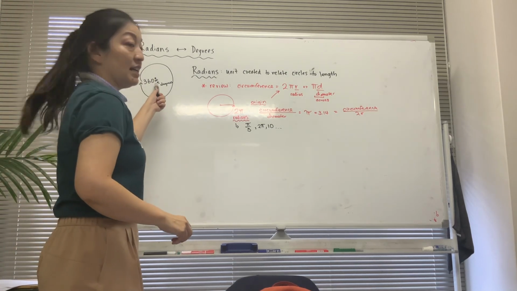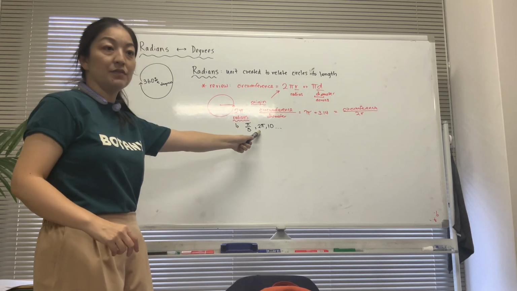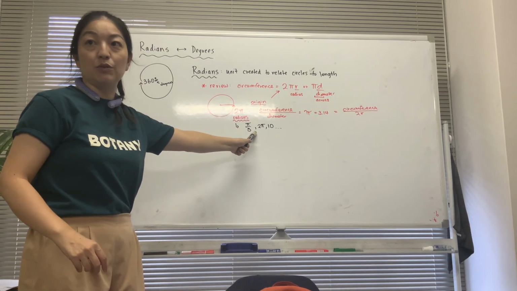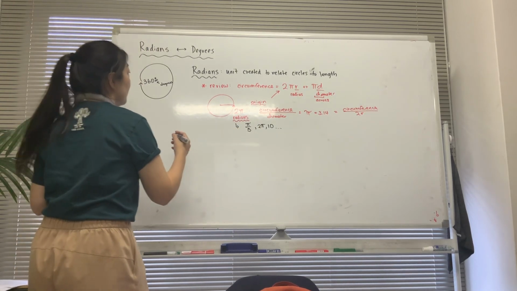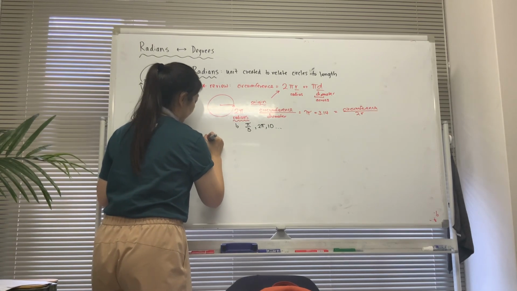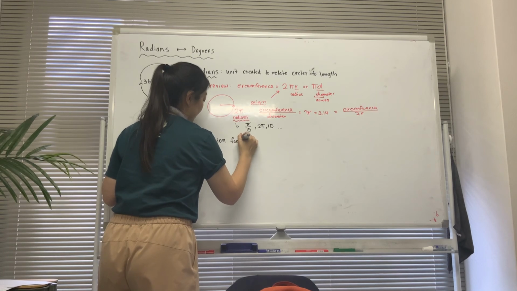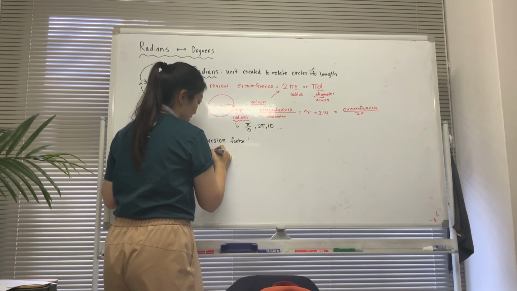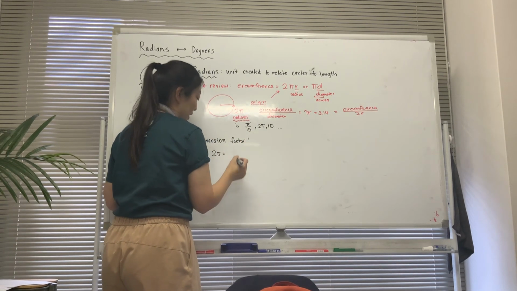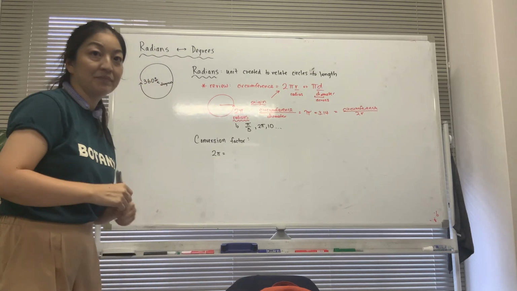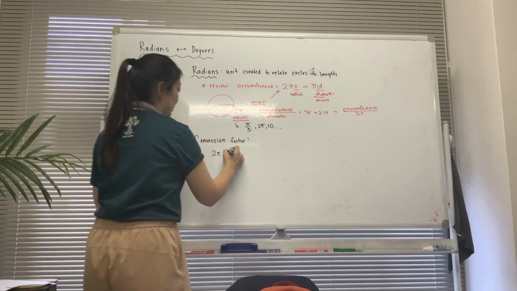If there's a degree sign, it's degrees. If there's an absence of a sign, that means it's radians. So, our conversion factor: 2 pi is equal to how many degrees? 360.